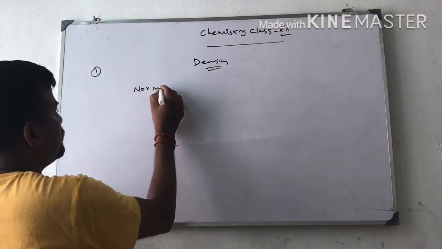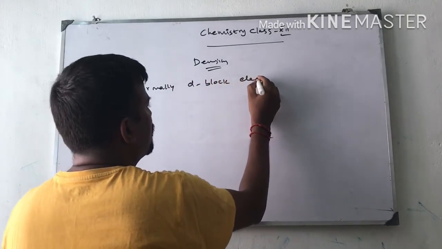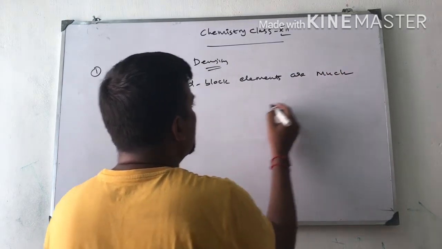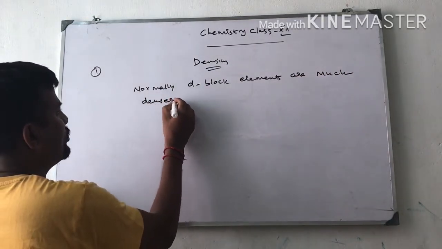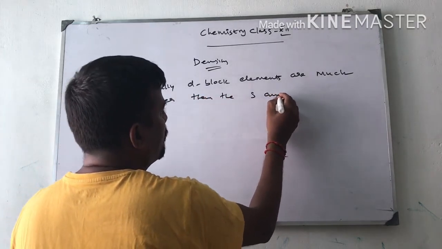Normally, d block elements are much denser than the s and p block elements.